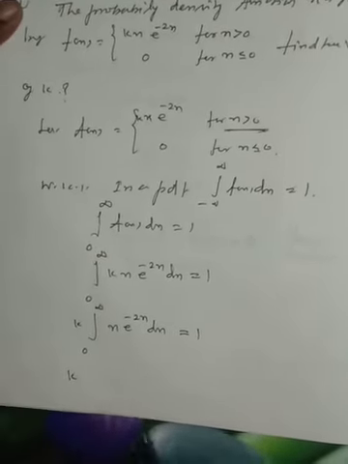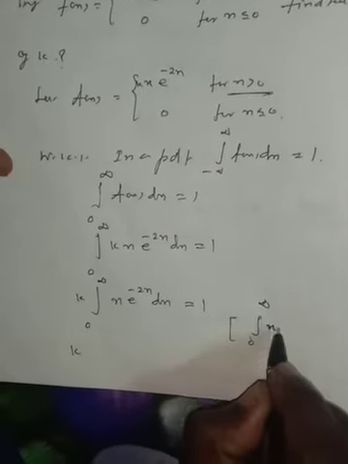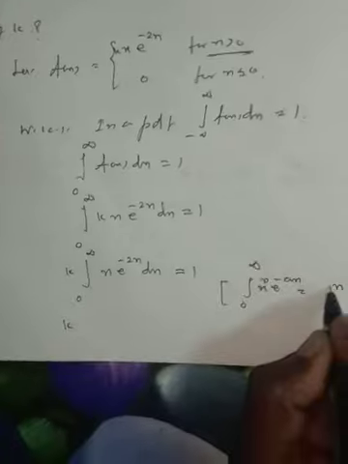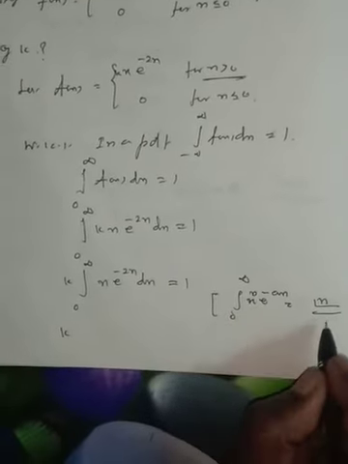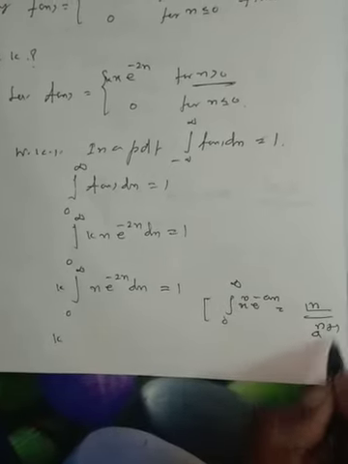We know that the integral from 0 to infinity of x to the power n e to the power of minus ax is equal to n factorial divided by a to the power of n plus 1, where a is the coefficient of the minus x term and n is the degree.